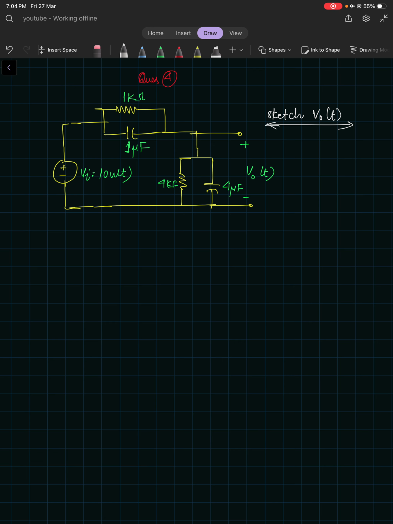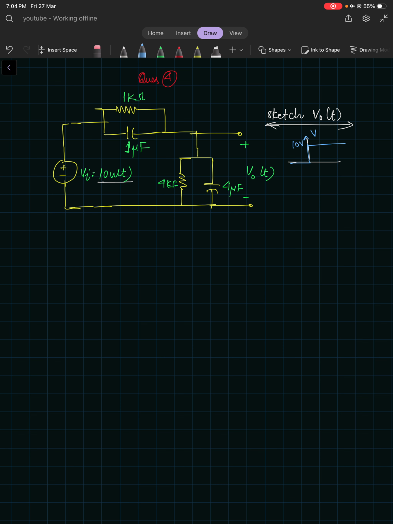This is something interesting. Let me write it again here. Initial conditions are 0 for the capacitors, right? There are no initial conditions, otherwise I would have written them here. Switching is not there, but in the question it is given that VI(t) is equal to 10 u(t). It means at t equal to 0 it goes up like this, 10 volts.